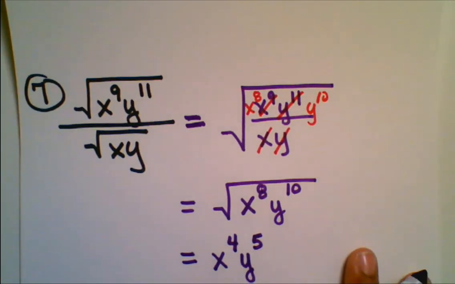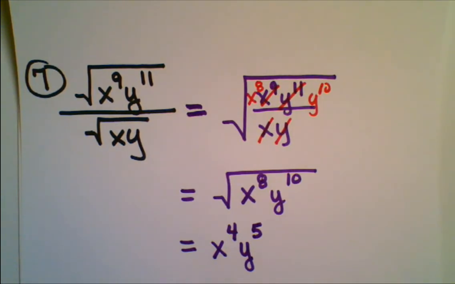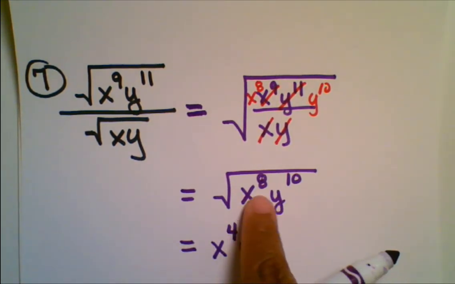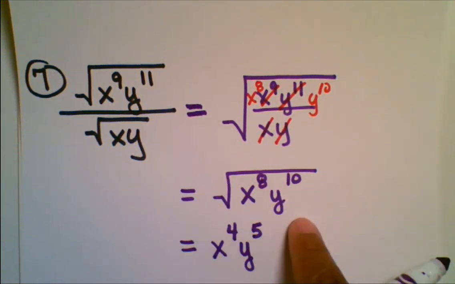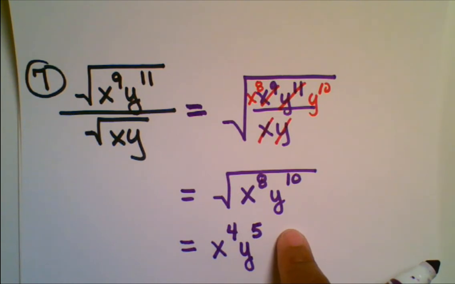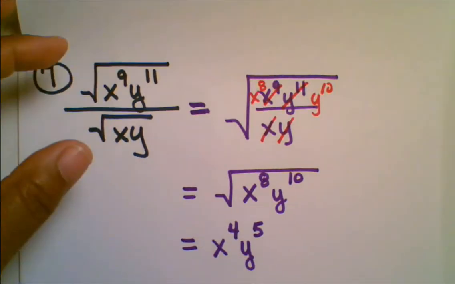And that will be our solution. When your answers are perfect squares such as this, we don't need the radical anymore, whereas in the previous example, that 7 was not a perfect square, so it needed to stay under the radical.